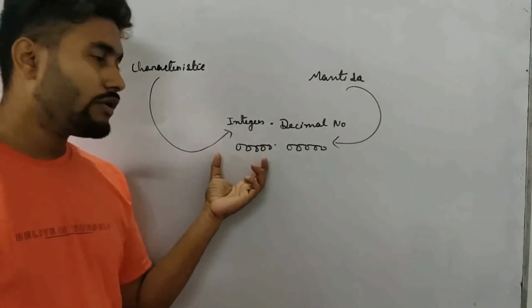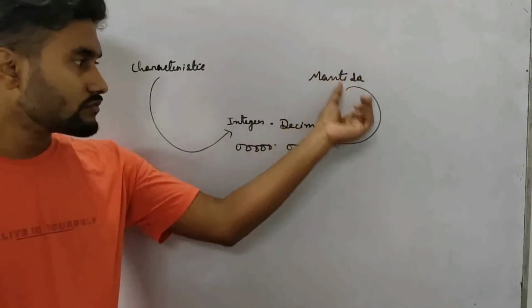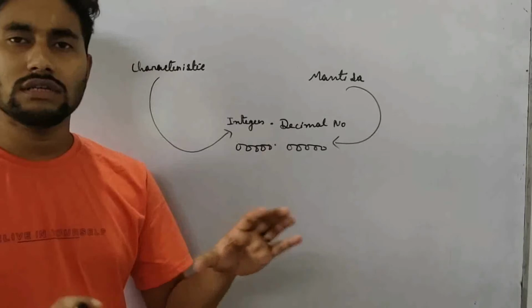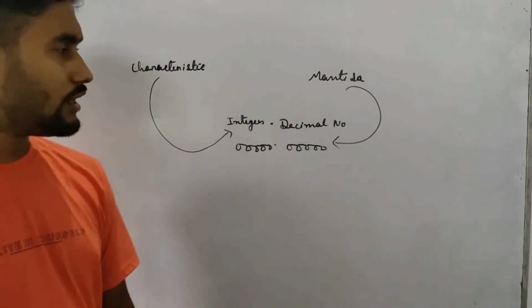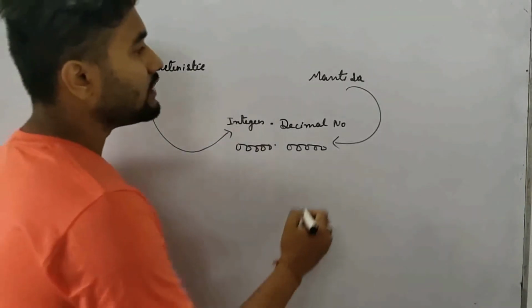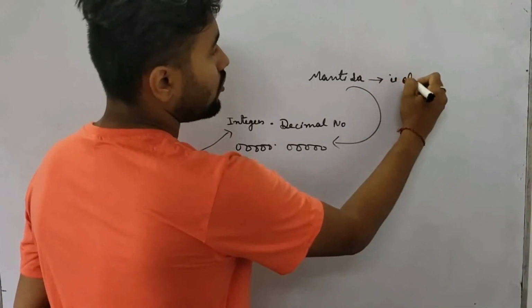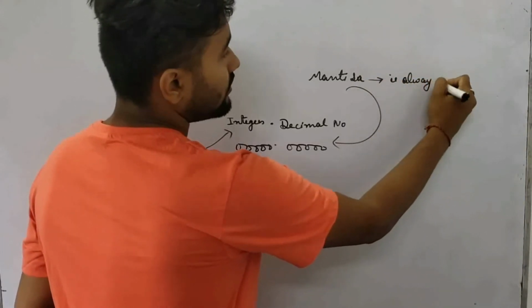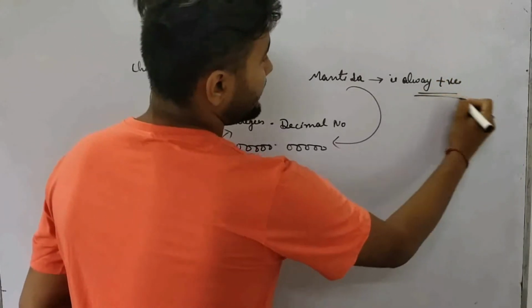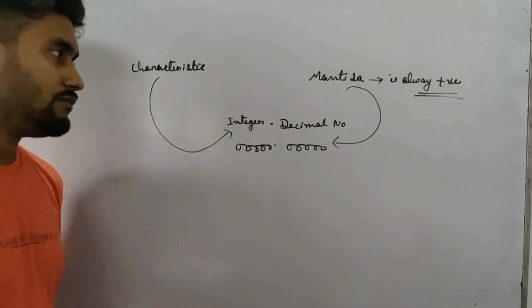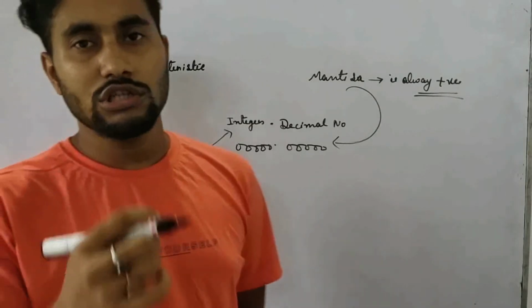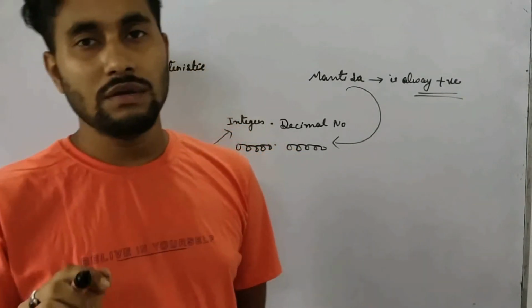Characteristics means we are going to talk about integers, and mantissa means we are going to discuss about the decimal portion. Okay, and always remember one thing, mantissa is always positive. Mantissa should be always positive.